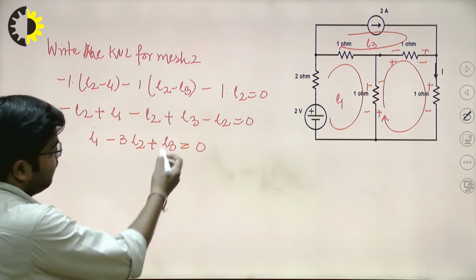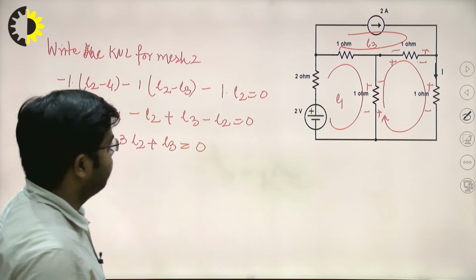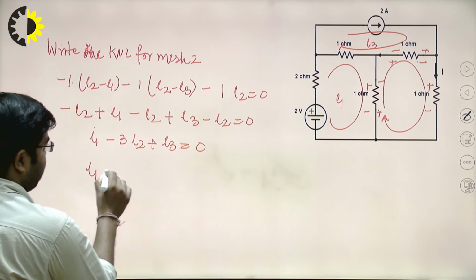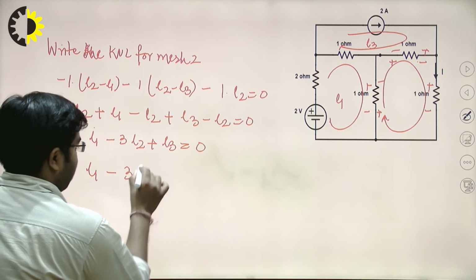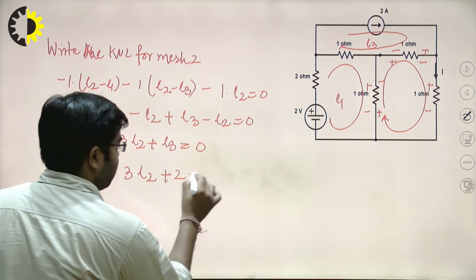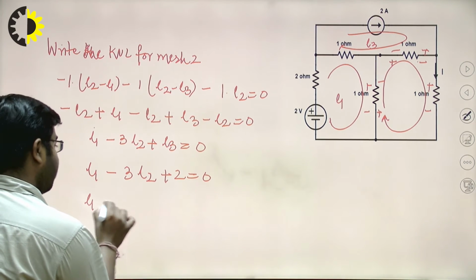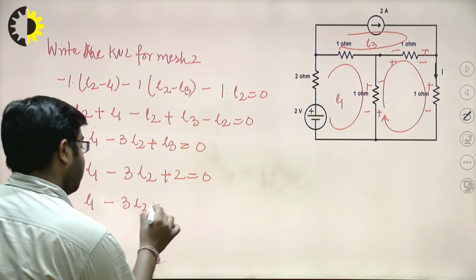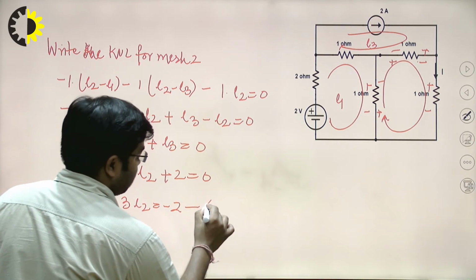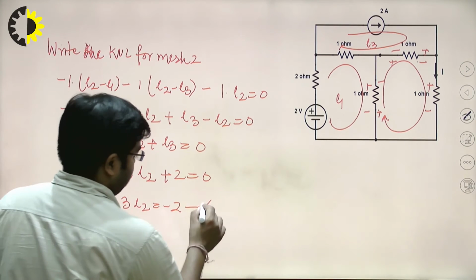Now you can put I3 equal to 2. So I1 minus 3I2 plus 2 is equal to 0. So I1 minus 3I2 is equal to minus 2. Suppose this is equation number 4.